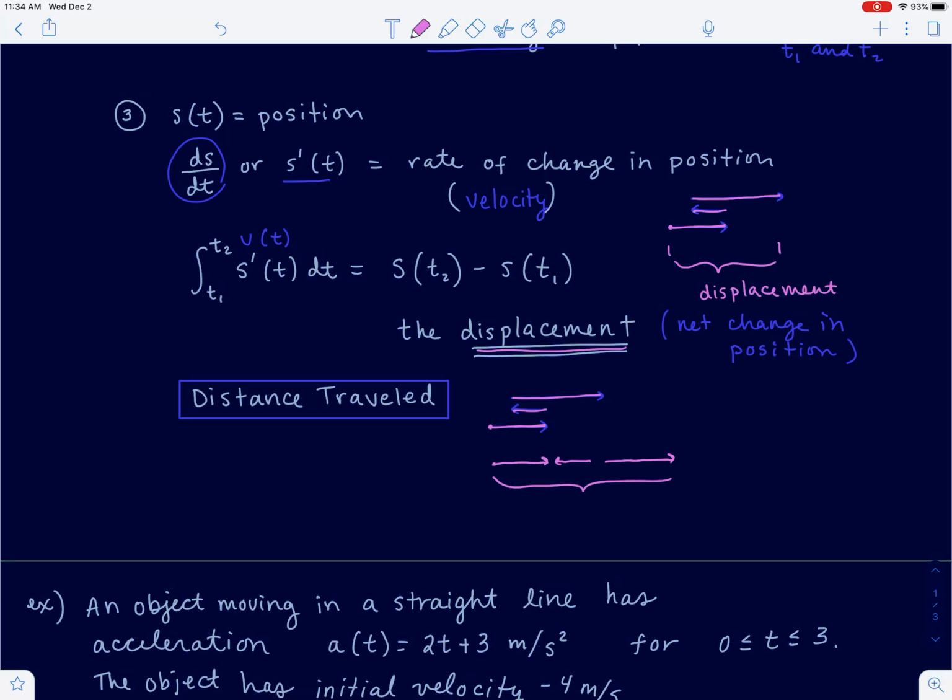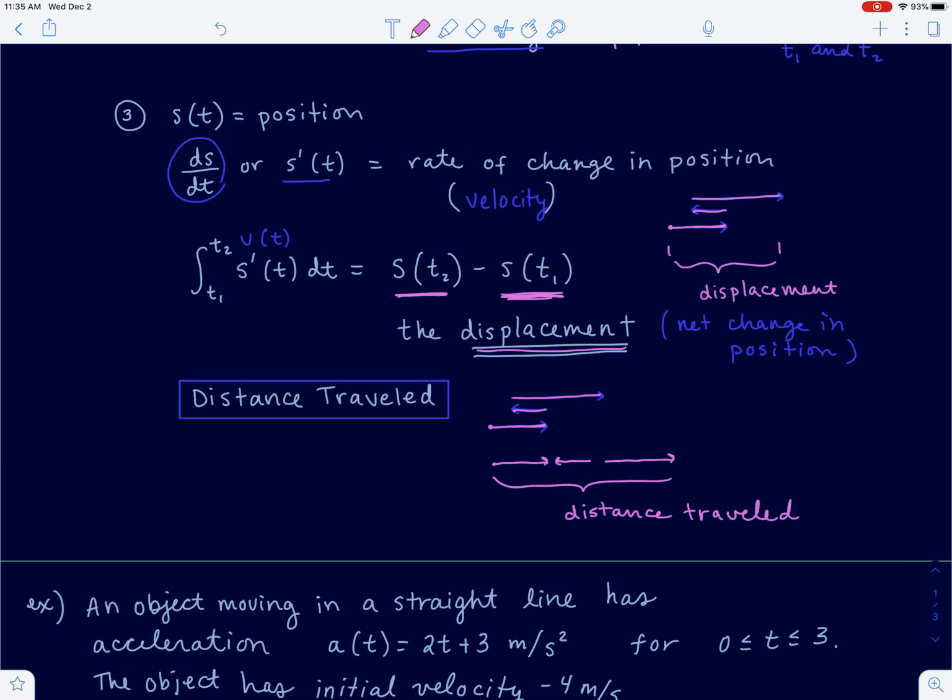This would be the distance traveled. Because this should make sense, the displacement just tells you where you started and where you ended up, and so the back and forth isn't taken into consideration at all.